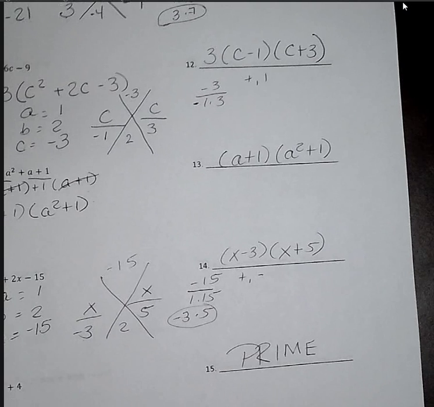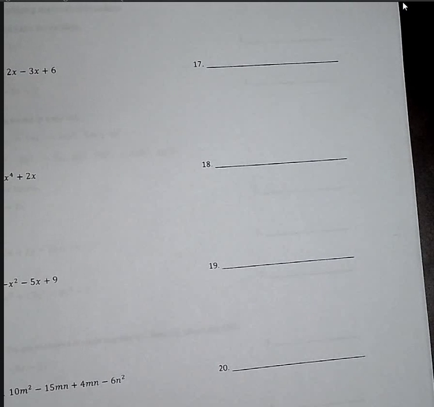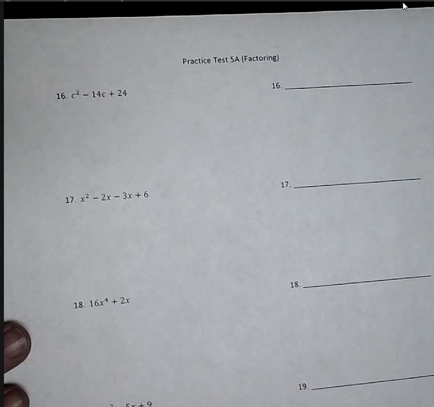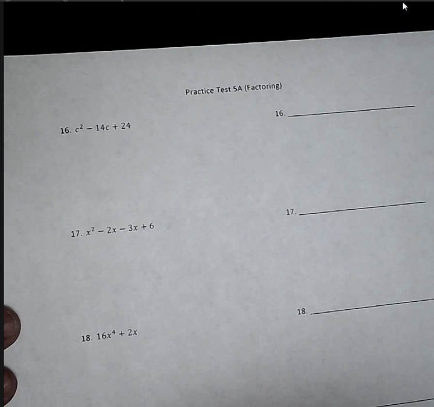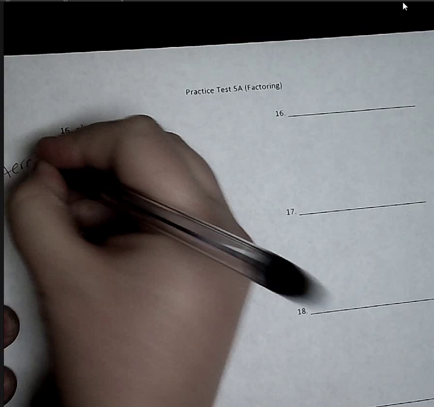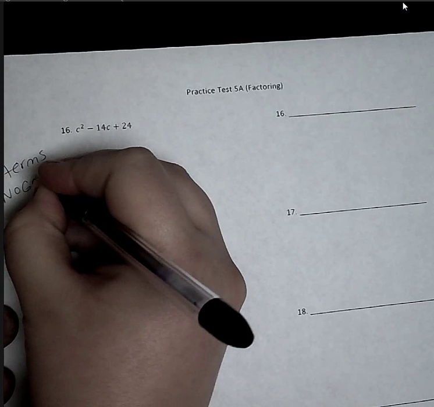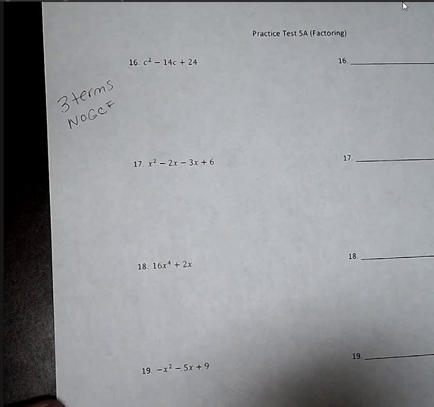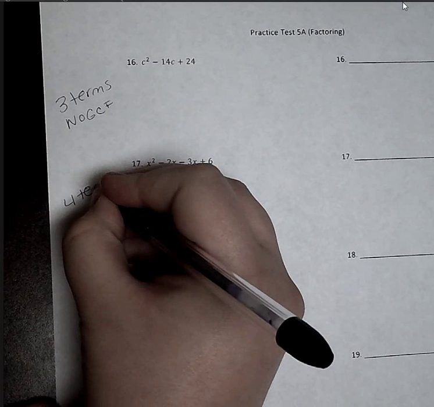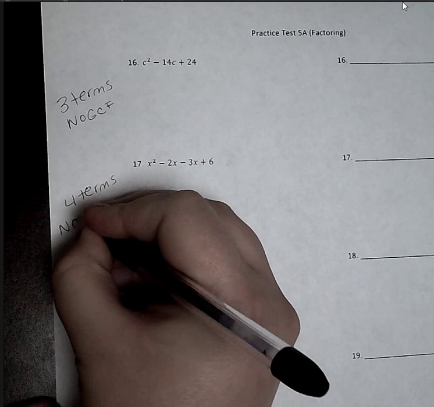Now let's move on to our last page of this practice test, which is going to be the last 5 problems. So here I have 3 terms, no GCF. Here I have 4 terms with no GCF.